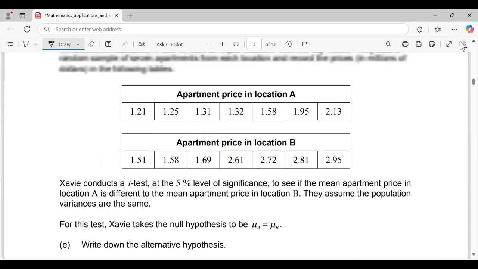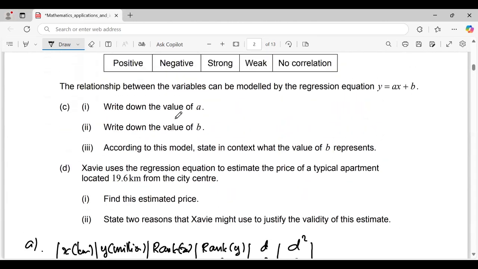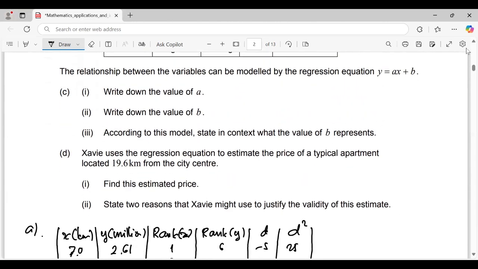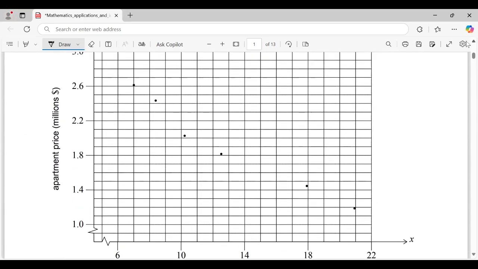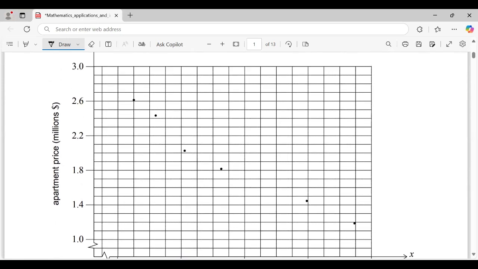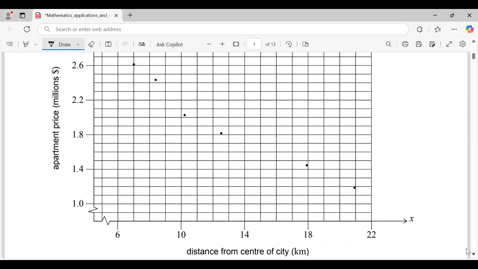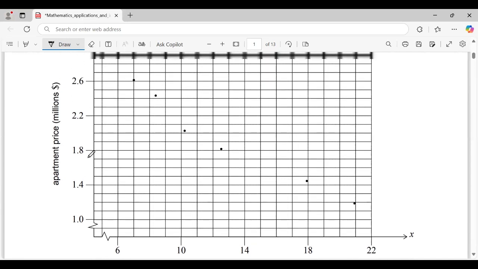Next question. Write down the value of a. If you look at this data just now, and the scatter plot, if you draw the straight line, the slope, or the gradient, would be negative.